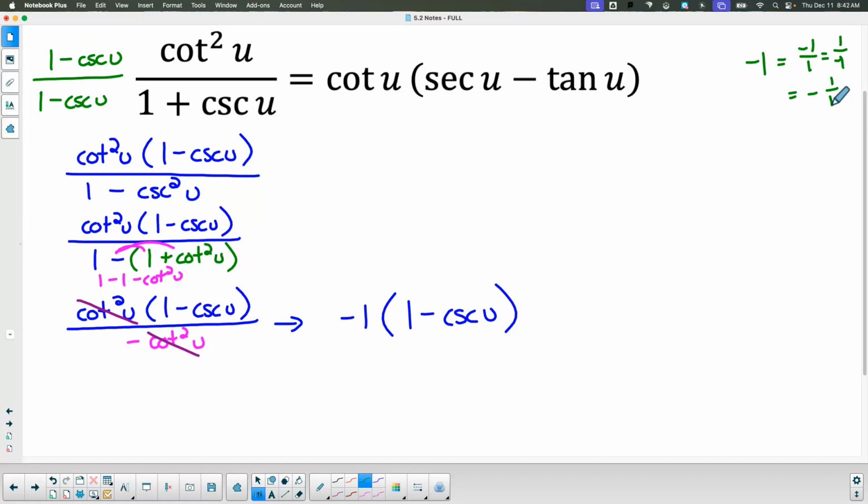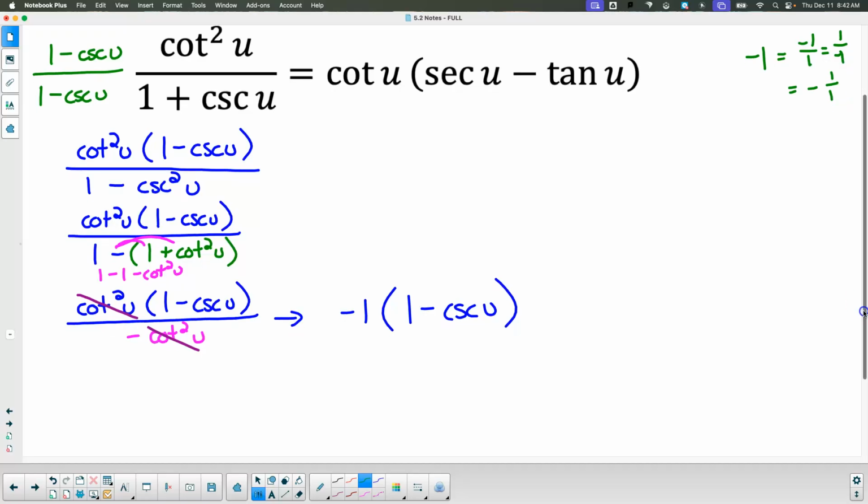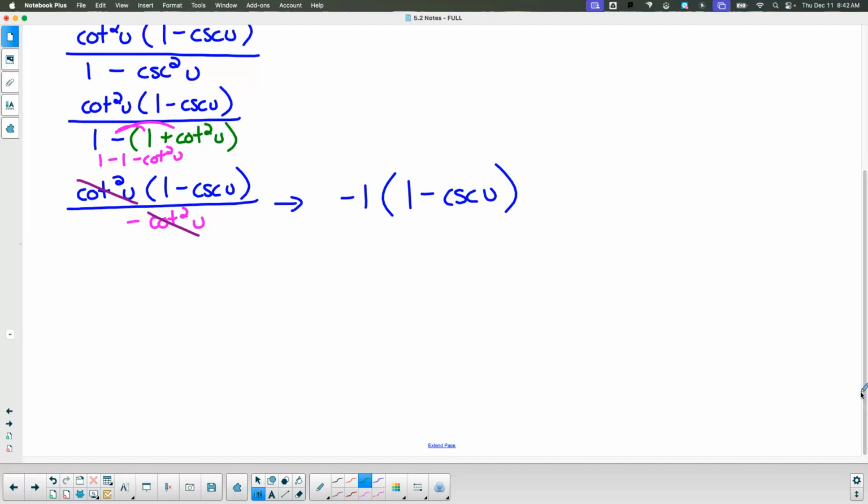If it were not just 1 on the bottom, then we would still have to have that fraction. But just because it's 1. Now what? Distribute the negative 1. If I distribute the negative 1, that's going to become cosecant minus 1.